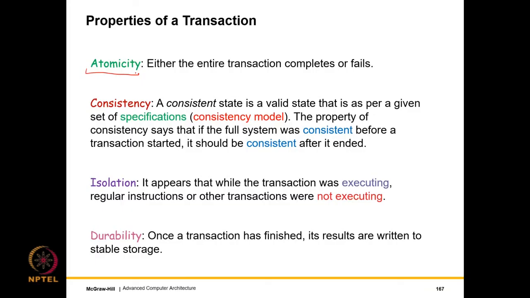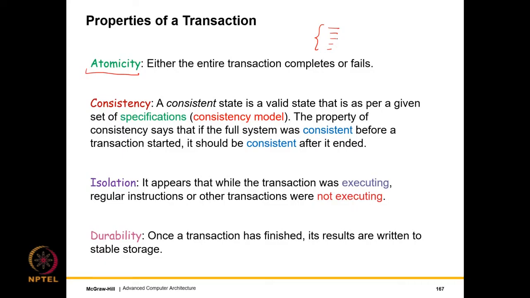In the context of transactions, it basically means that either the entire transaction completes or fails, right? Which means that either it completes or aborts. Failing a transaction basically means abort, which means that the rest of the world either perceives that the set of instructions have executed completely or they have not started at all.